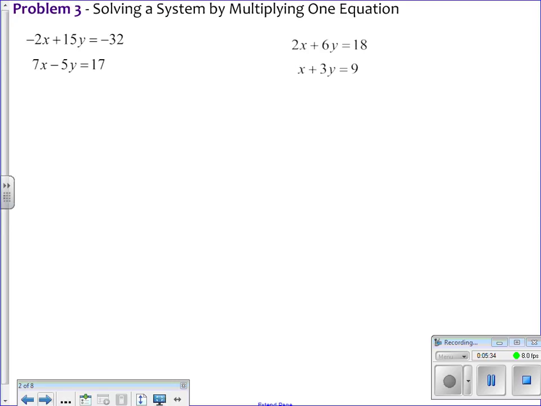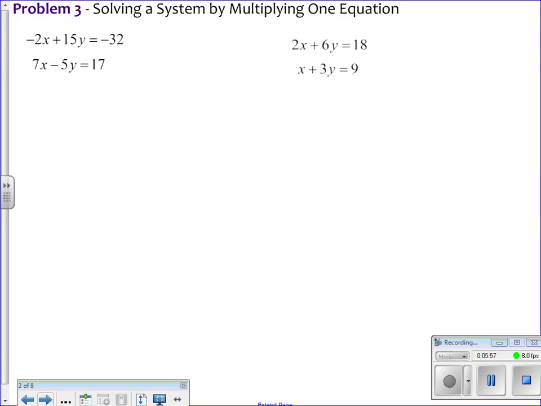But what I need to do is change one of the equations so I can eliminate. And this is the hardest thing for students to decide, is how do I eliminate? What do I multiply by?